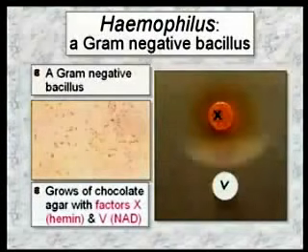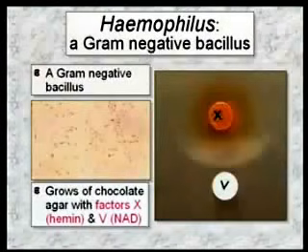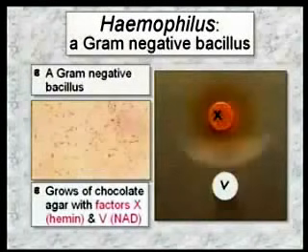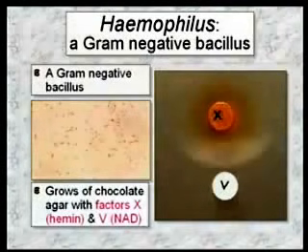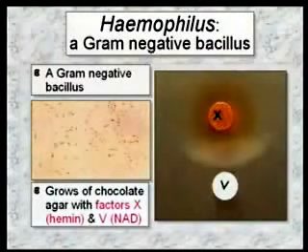So if one puts a hemin disc and an NAD disc, NAD is factor V, and factor V is a vitamin. That's how you can remember it. These are not like factor 10, 5. No. Hemin and NAD.